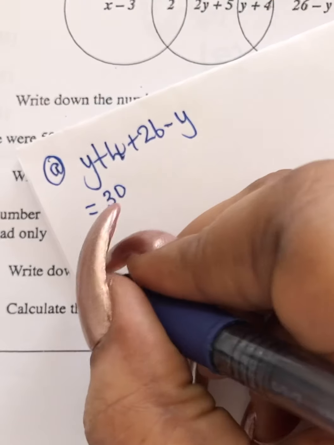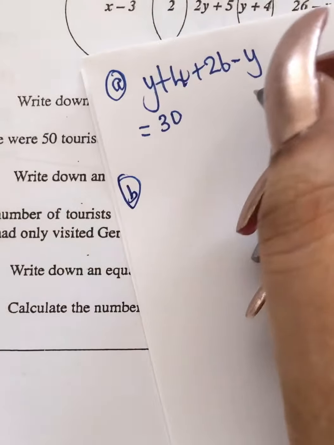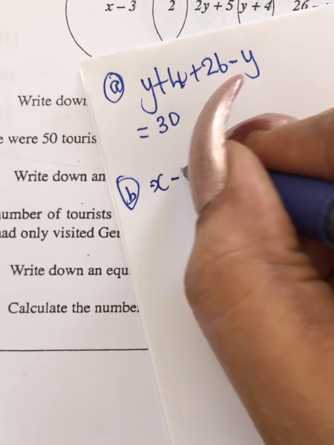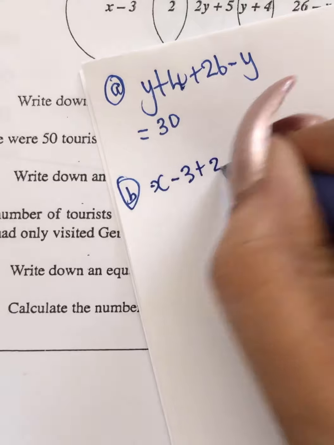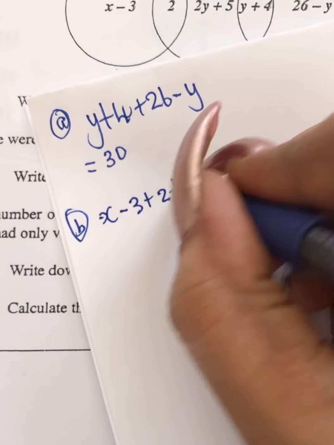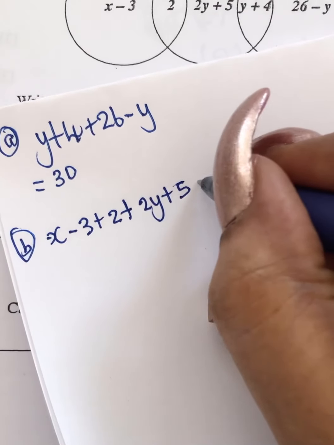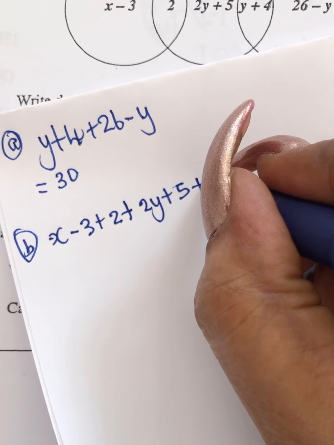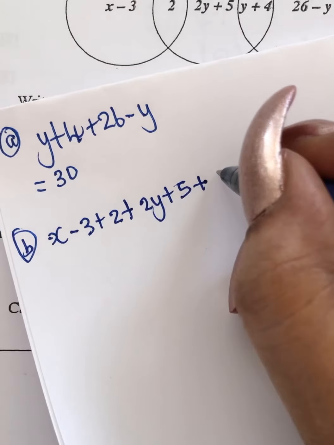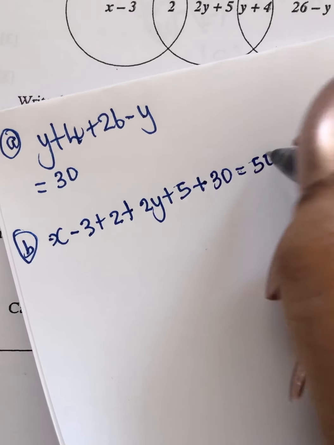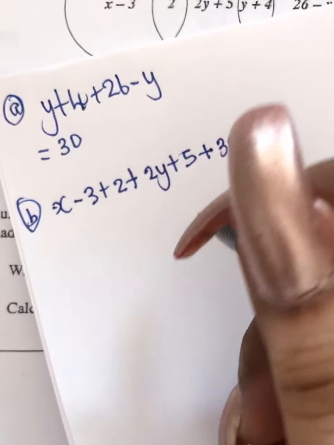So France is x minus 3 and plus 2. Then I have 2y plus 5 plus my H. I had found that earlier. Holland was 30. Good.